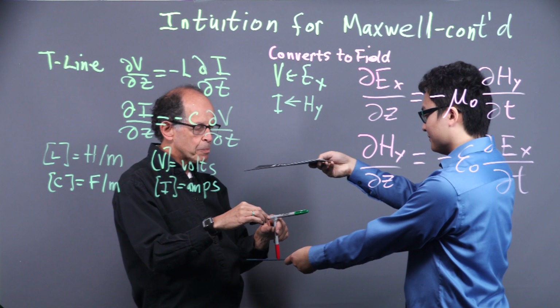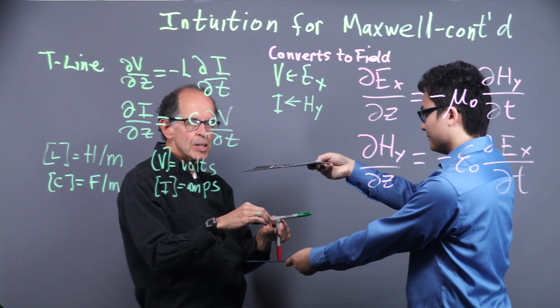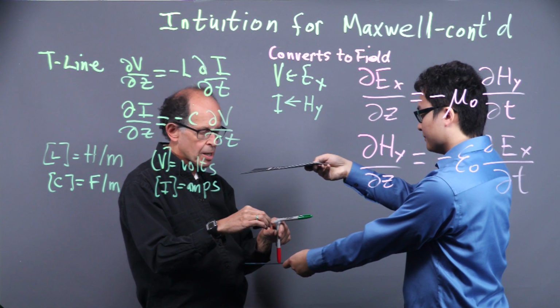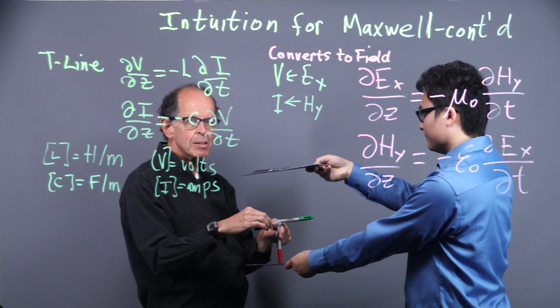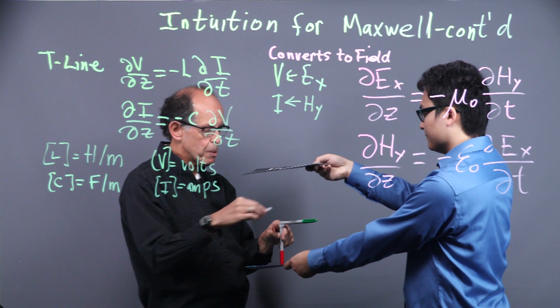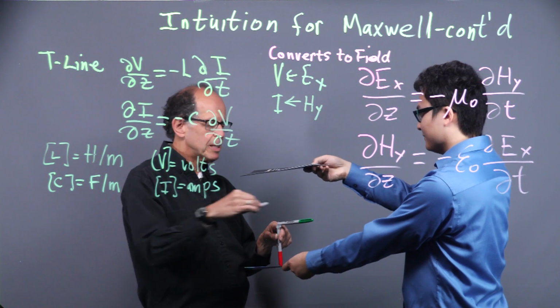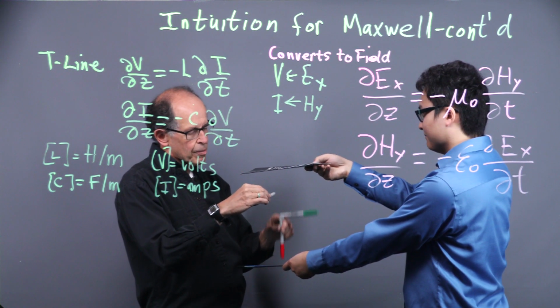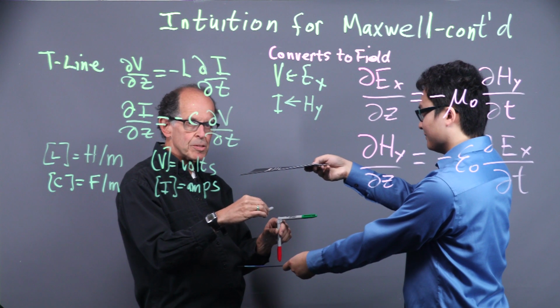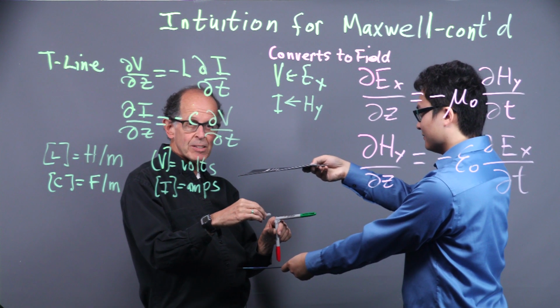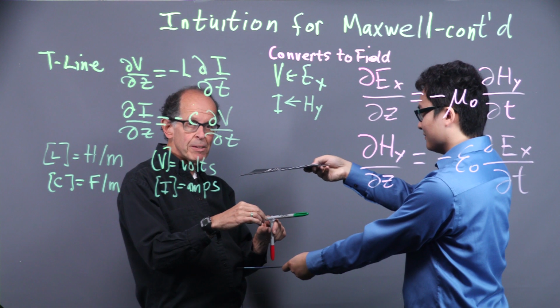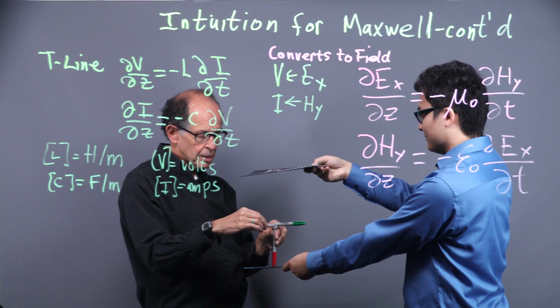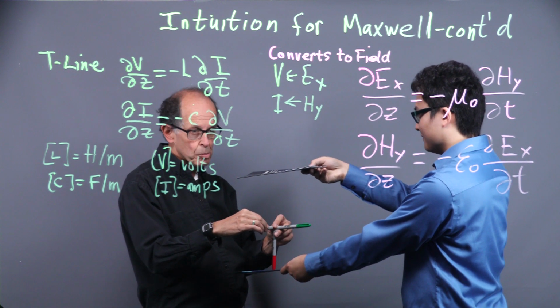So the two vibrations of E and H, in this case they are in phase, and they're vibrating orthogonally with respect to one another, perpendicularly. H vibrating along the y-axis and EX vibrating along the x-axis. And so without any fancy equations, we've got the fundamentals of wave propagation in 1D using Maxwell.